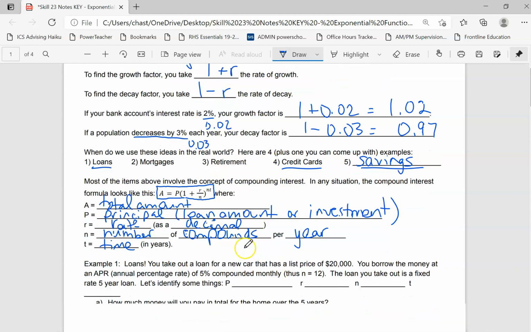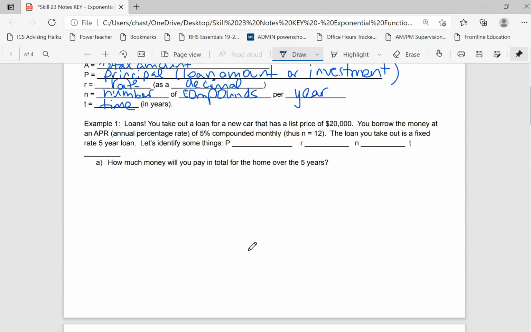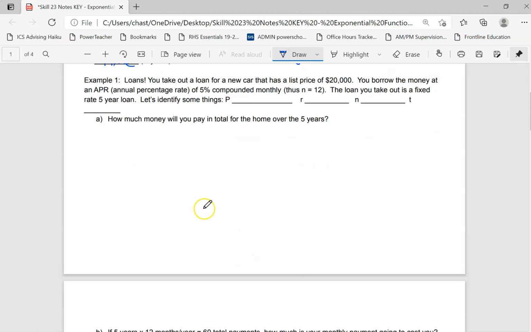All right, so let's go ahead and look at an application of this. You take out a loan for a new car with a list price of $20,000. That's going to be your P value. You borrow money at an annual percentage rate, APR for short, of 5%. So that would be a rate of 0.05.